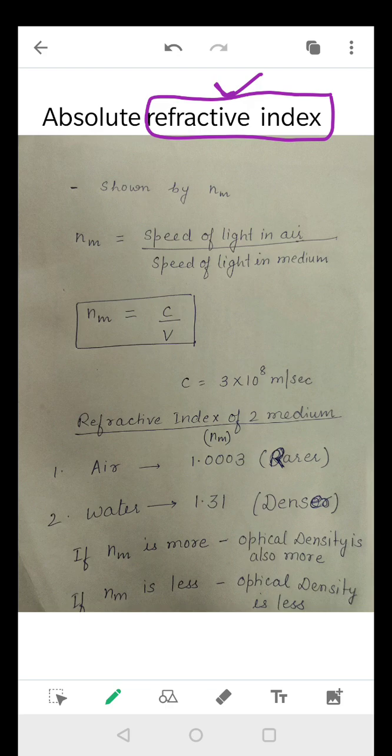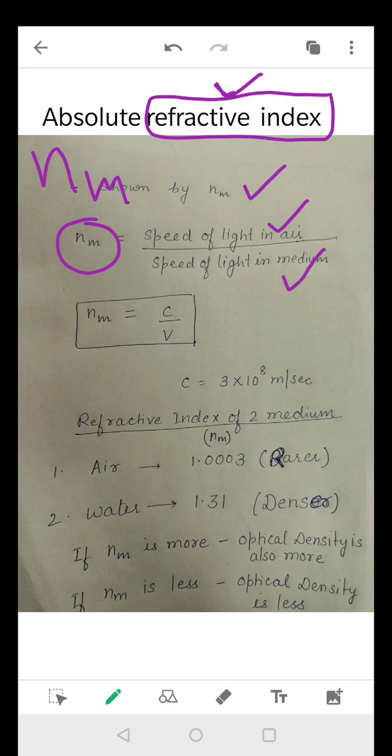Now the absolute refractive index is denoted by Nm. You have to write it this way, Nm. And this Nm will be equal to the speed of light in air in comparison to the speed of light in the medium.